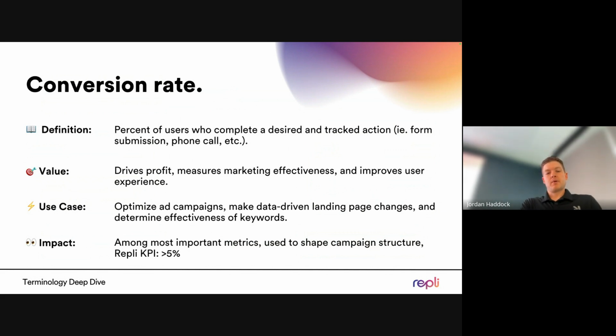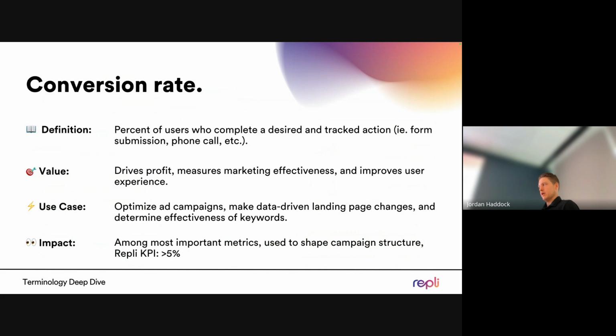We touched on this already, but in terms of optimizing ad campaigns, it gives us a lot of insights there, helps us make those data-driven landing page decisions, and also determine the effectiveness of keywords. Ultimately, keywords are graded on how well they convert, not how many clicks they receive. So keywords that are obviously converting at a higher rate, we'd like to push more budget in.